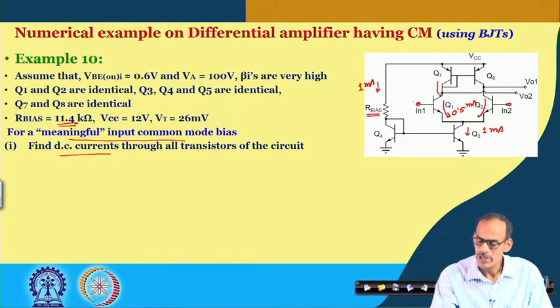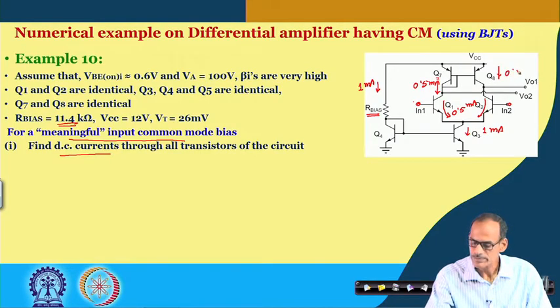So, this 0.5 milliampere is getting mirrored here. So, the current flow here is 0.5 through transistor 7 as well as transistor 8. Now, it is pretty straightforward.